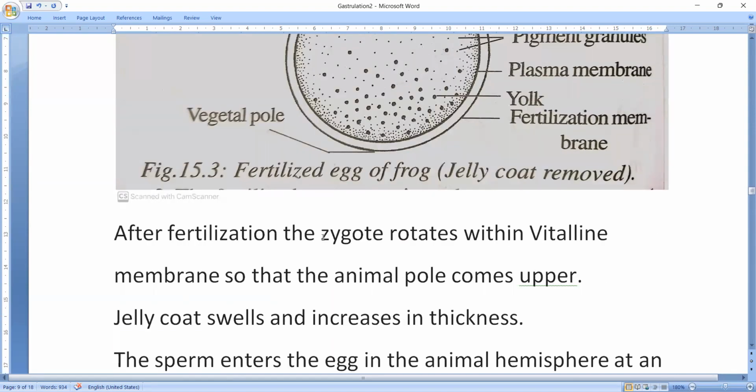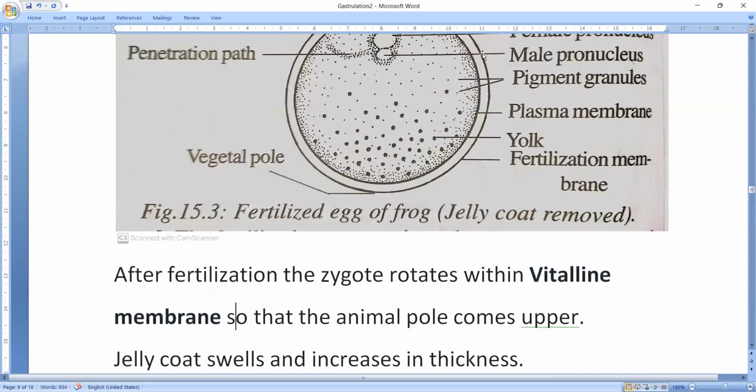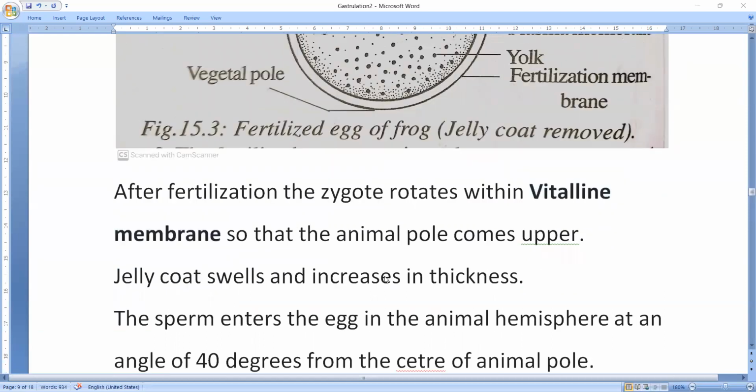So after fertilization, the zygote rotates within the vitelline membrane so that the animal pole comes upward. So here overall the animal pole will be the upper part of the embryo, and vegetal pole is the lower part of the embryo.